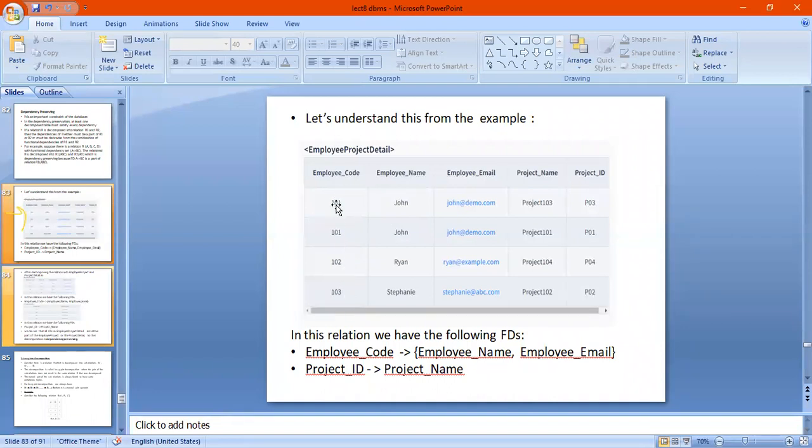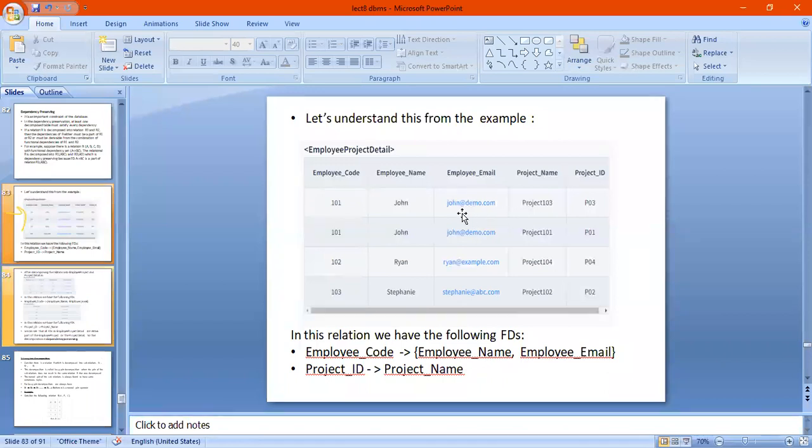You see the employee code 101 is repeated, which is a case of duplicacy and is not valid in DBMS. So we go for schema refinement and normalization. Next, coming to employee name: John, John, Ryan, and Stephen.